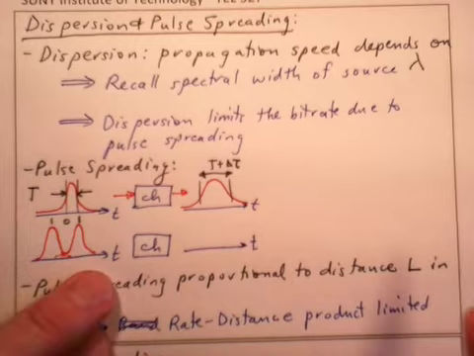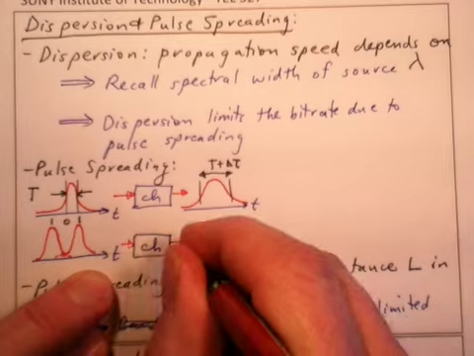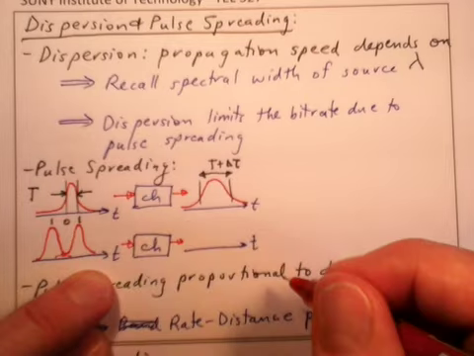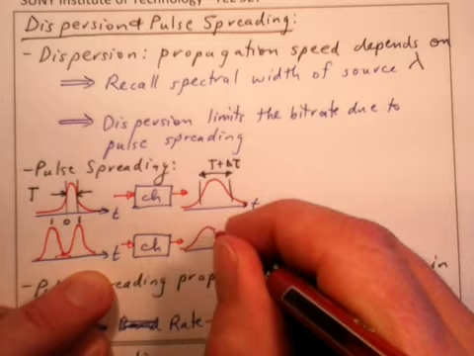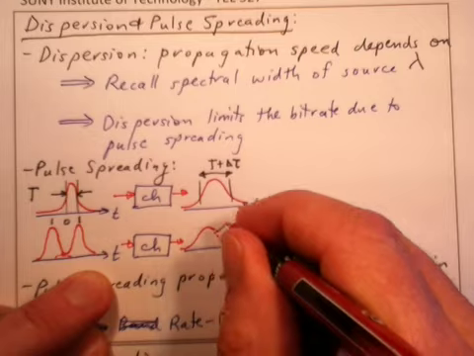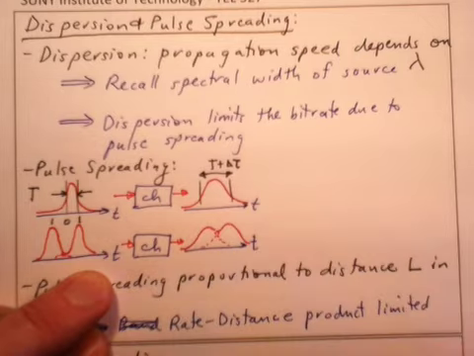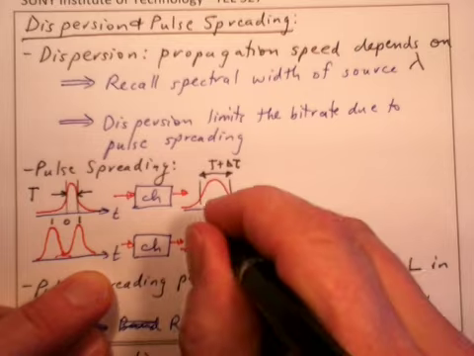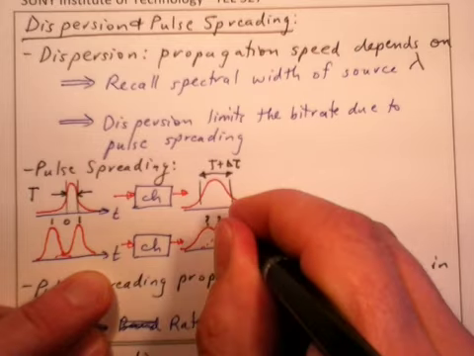Well, when I put those pulses into the channel and they spread out, what we're going to get is sort of a mixture. So those two pulses are now spread out, sort of like this, overlapping one another. And at this point, you don't know for sure what you've got. Maybe you see this as 3 ones in a row, for example.